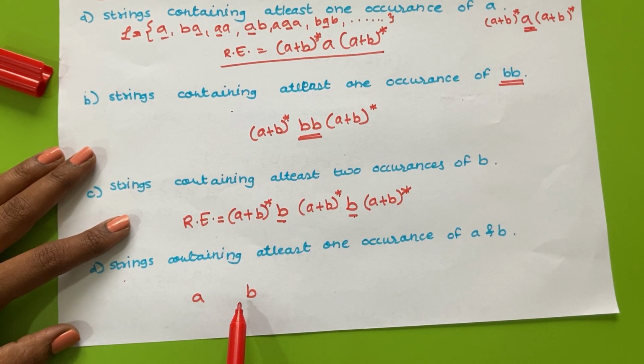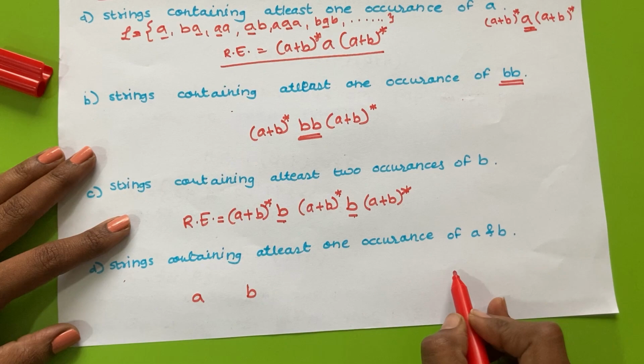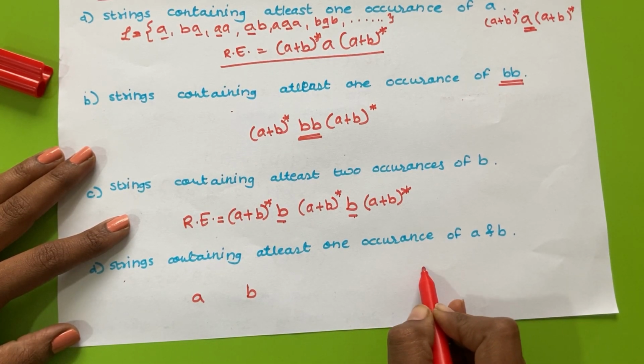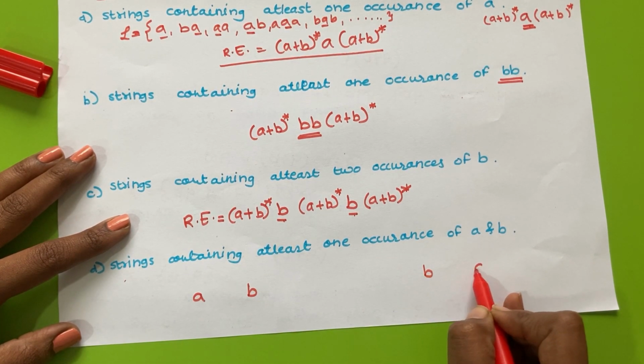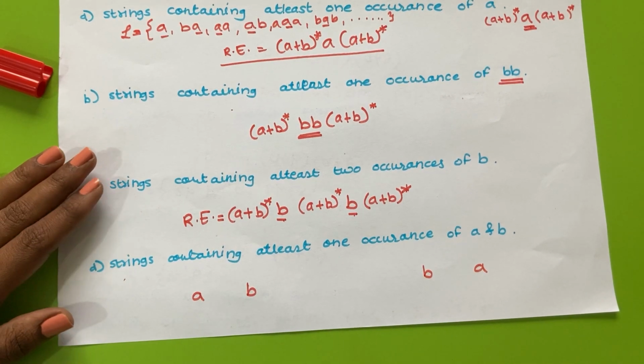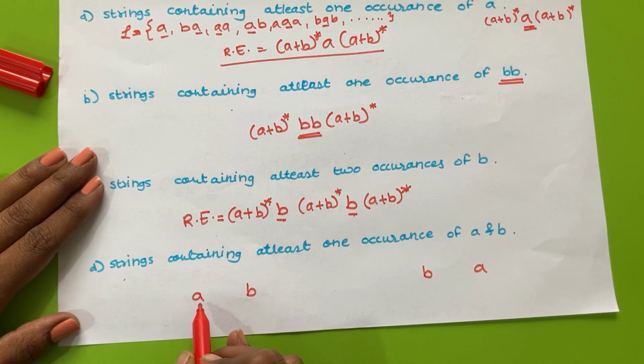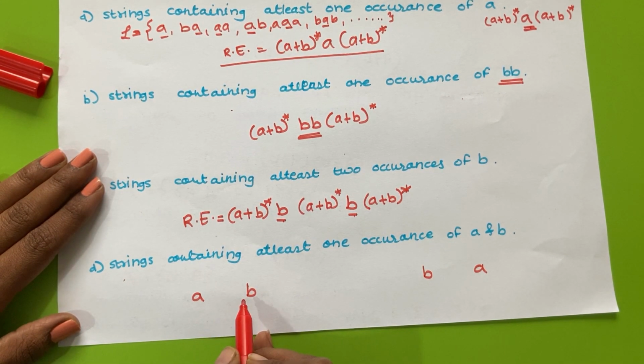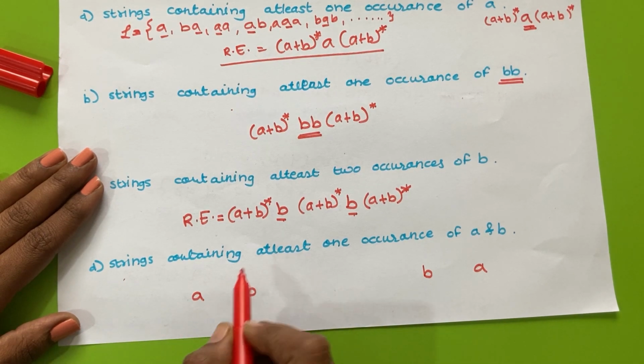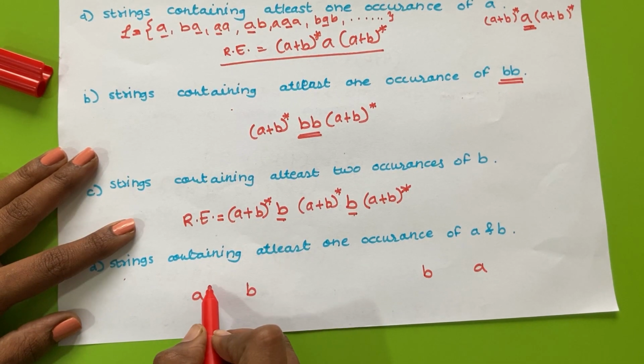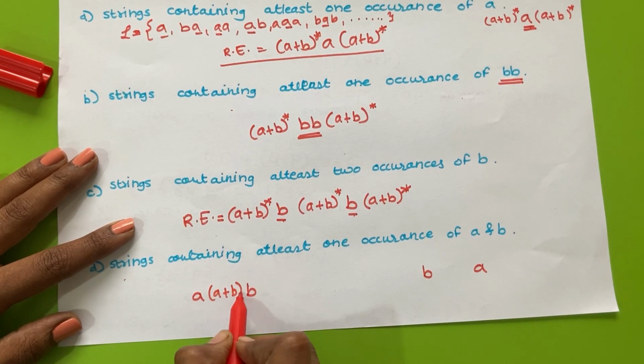Okay, so it may be possible that first I can have A and then B, or it may be possible that I can have first B and then A. Okay, and we don't know the position of A and B, so I'll take again any possible combination of A and B in between these two.